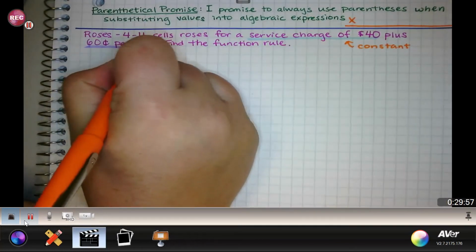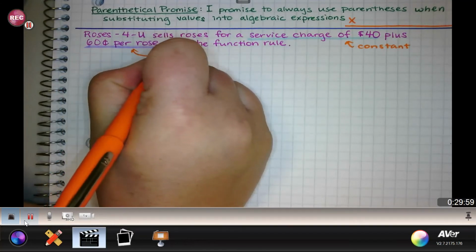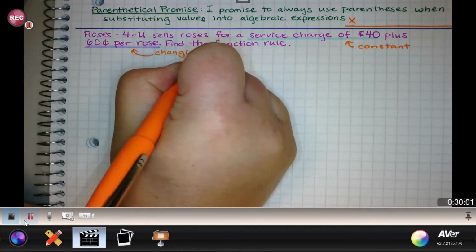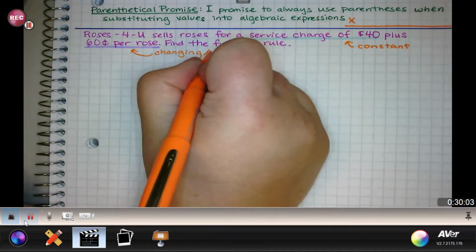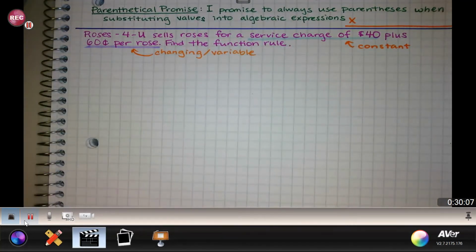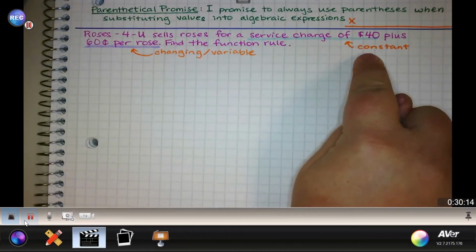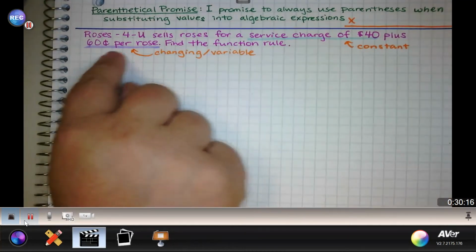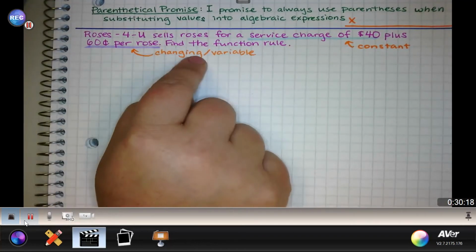So we would say that this is changing, or as we learned from the last notes, variable. So notice how I'm getting the two parts of my equation or function rule kind of set up. This part will be a constant, which is just a number without a variable, and this part will have a variable because it can change.